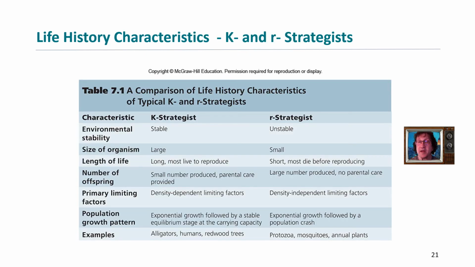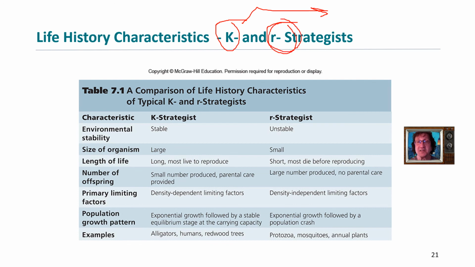Okay, another way to look at population growth is by looking at another aspect of reproductive strategies. So you're going to have this term called K and R strategy. K means carrying capacity, that's the German spelling with a K, and it means these organisms maintain their population to the point where they've maxed out their resources and they don't produce any more offspring.